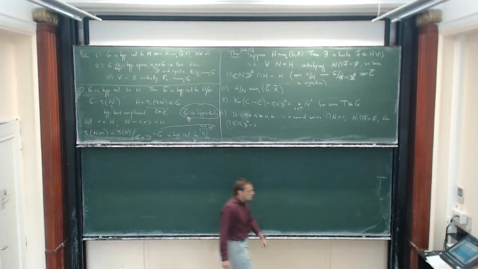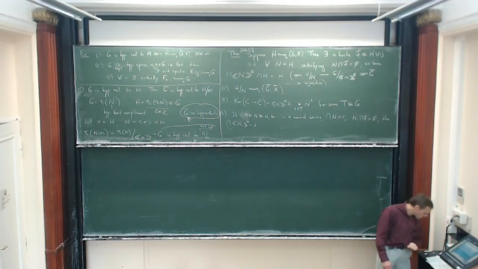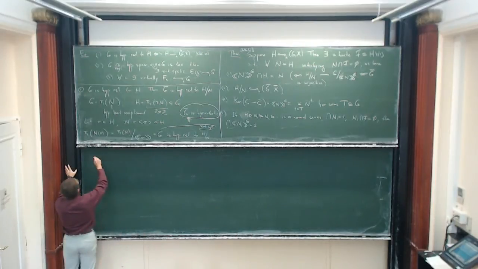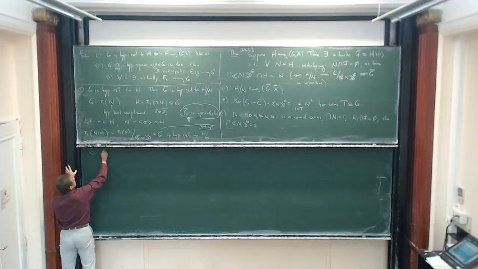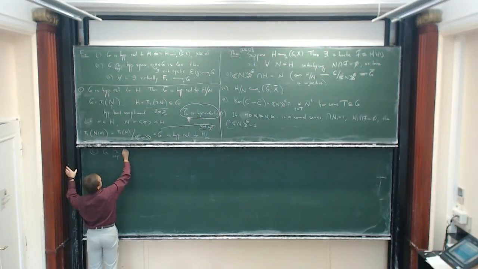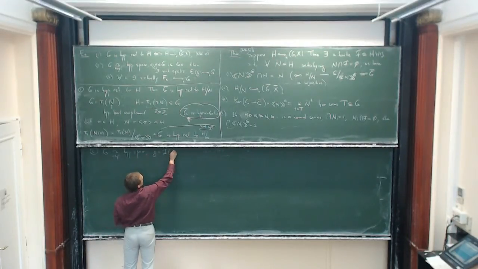Now I'll discuss a couple of other applications, including the application to the Farrell-Jones conjecture. So let's consider the second situation. Suppose we have a group G which acts acylindrically on a hyperbolic space, and suppose that g is a loxodromic element.